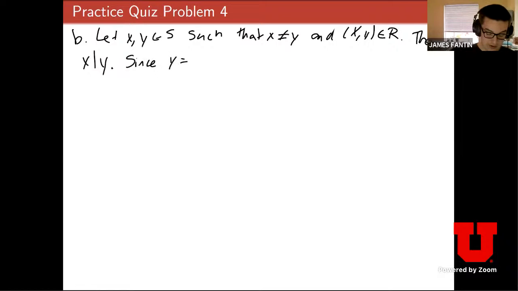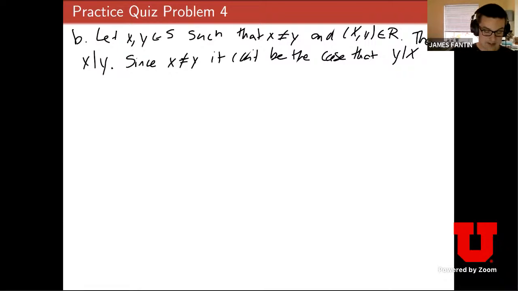And since x doesn't equal y, it can't be the case that y divides x, because x divides y and y divides x implies that x is equal to y. Since we don't have that case, this can't happen. Thus (y, x) is not in R, and therefore R is anti-symmetric.